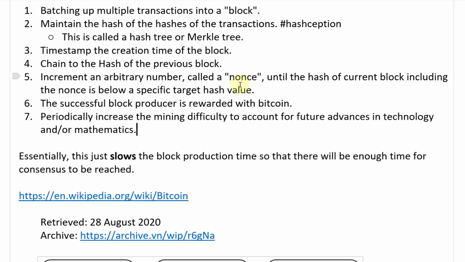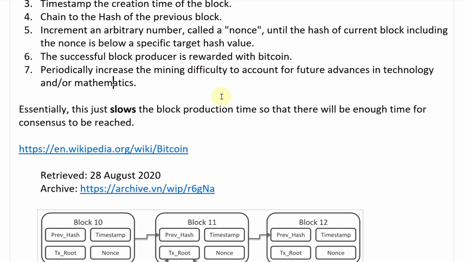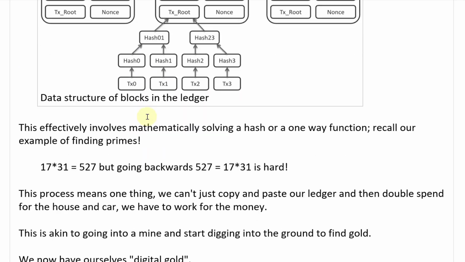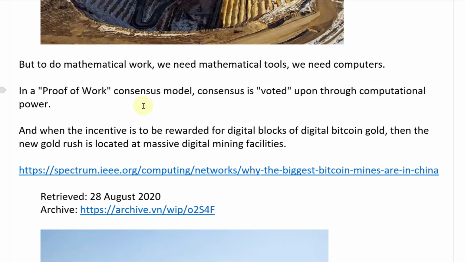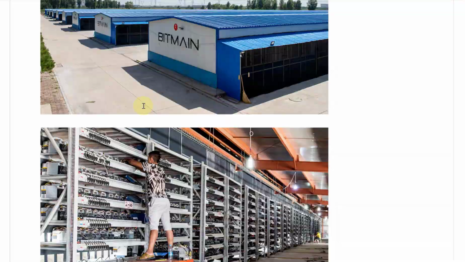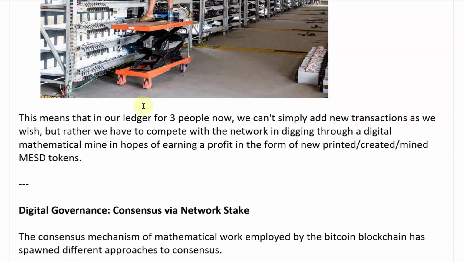Or just write that better: periodically increase the mining difficulty to account for future advances in technology and or mathematics. So if you find a better way, you have to update that as well. Or if you got some quantum mechanic mumbo jumbo, you're going to have to update that difficulty as well. So now we've added a system where you have to work to add new blocks.